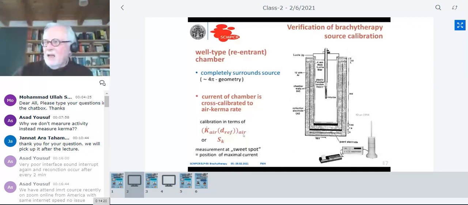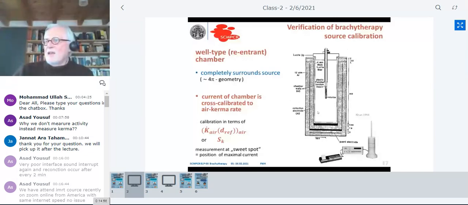Another way to do it would be to have a measurement with a second, calibrated well chamber, with which you know the calibration factor, and then you take your new well chamber and make a second measurement, and from the reading you can then calculate the calibration factor of the new chamber. That is also a possible way to calibrate a well chamber.